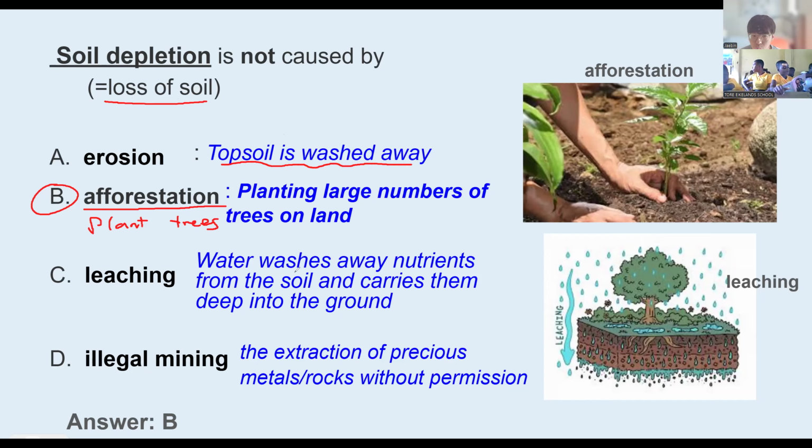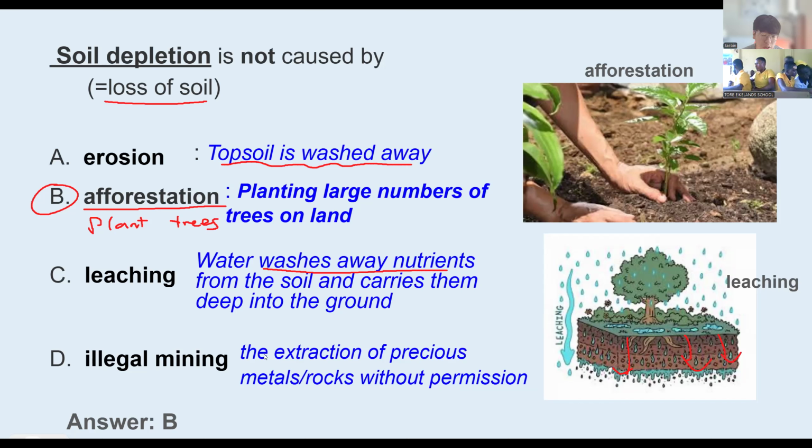Leaching is when water washes away nutrients from the soil and carries them deep into the ground. So leaching can cause soil depletion this way, when the nutrients from the soil are carried deep underground, like you can see in the picture as well.